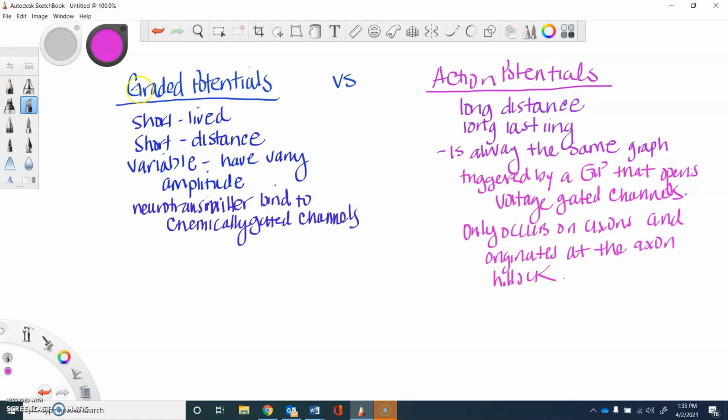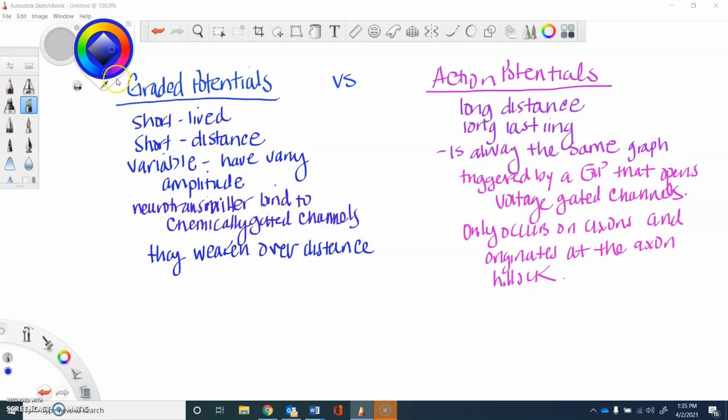Okay. The graded potentials get weakened. They get weak over distance. So they weaken over distance. Action potentials do not.